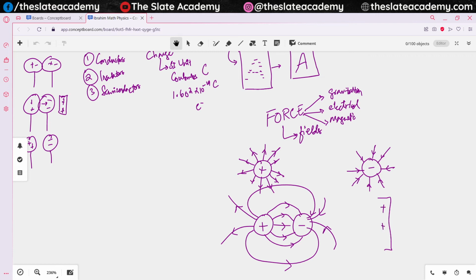Do that. And this next diagram would be for positive and negative plates.